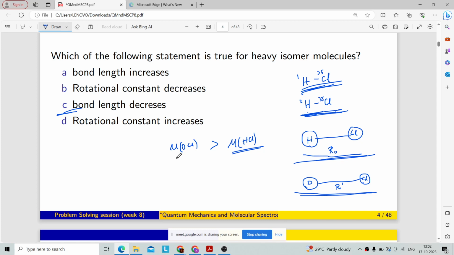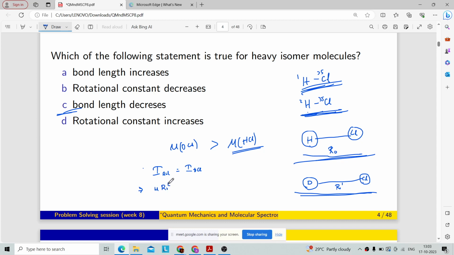Now if we consider, let's assume their moment of inertia is constant. Let's say for HCl equal to DCl, then in that case what will happen?